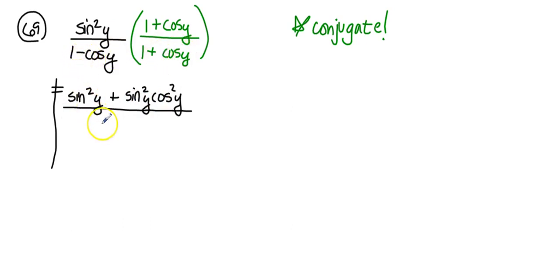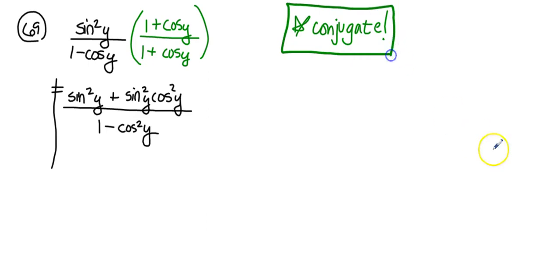So that's the difference of squares. So right away I know that this is going to be 1 minus cosine squared y. So I'm hoping we are recalling this tool in the toolbox from Algebra 2. It's going to be important for these next two examples. What can we do next?